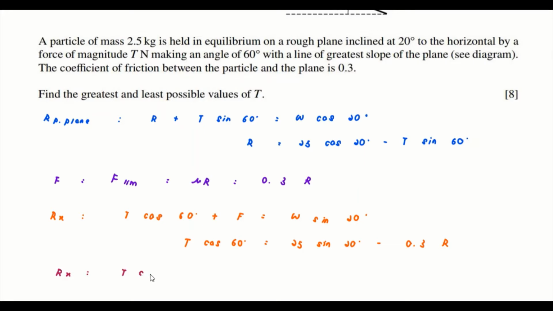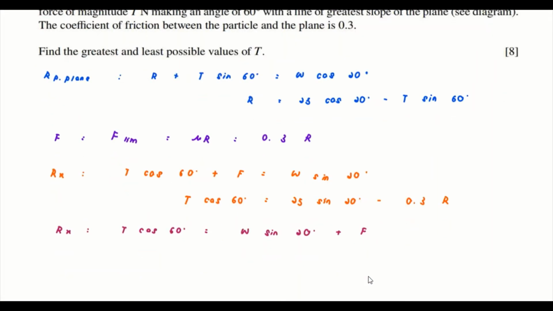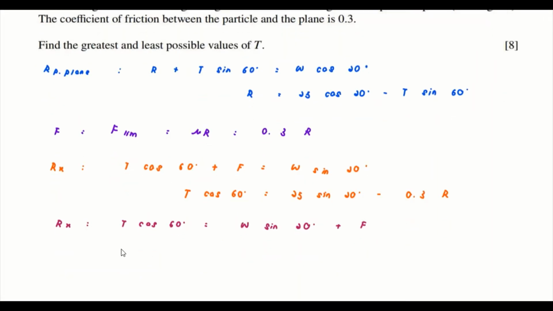So T cos 60, and the F is now in the same direction as W sine 20. So I have W sine 20 plus F. Let me rearrange it to get the same form. So I have T cos 60 equal to 25 sine 20 plus 0.3R.